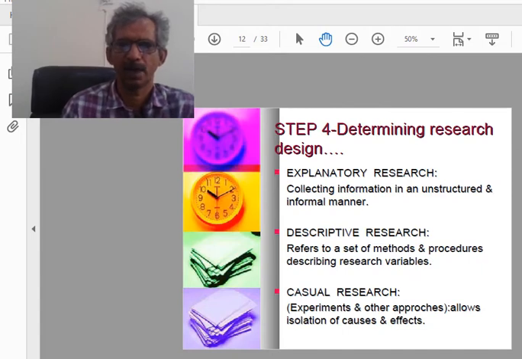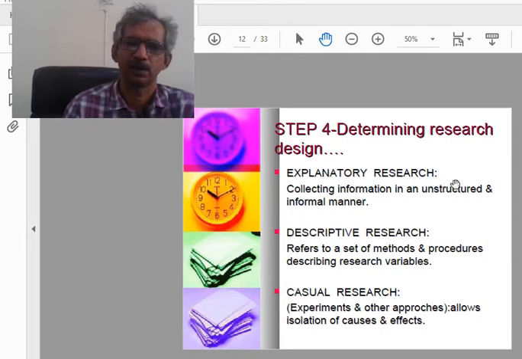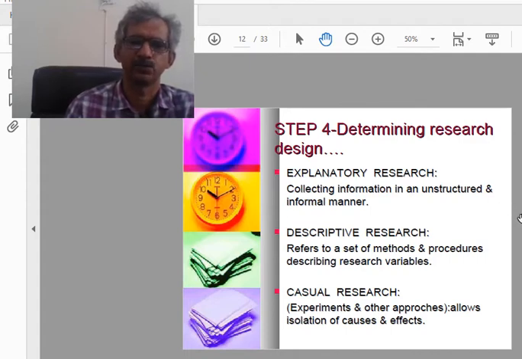There are various types of research designs used by researchers depending on the nature of their area of study or the type of question they are researching. Exploratory or explanatory research is collecting the information in an unstructured and informal manner.